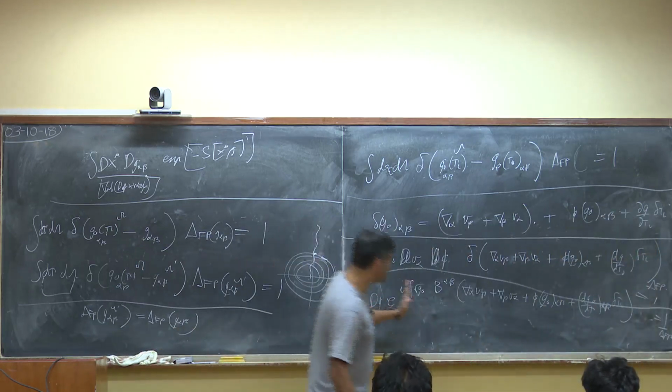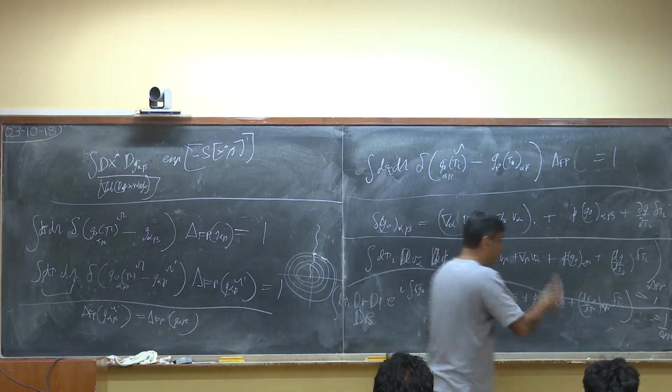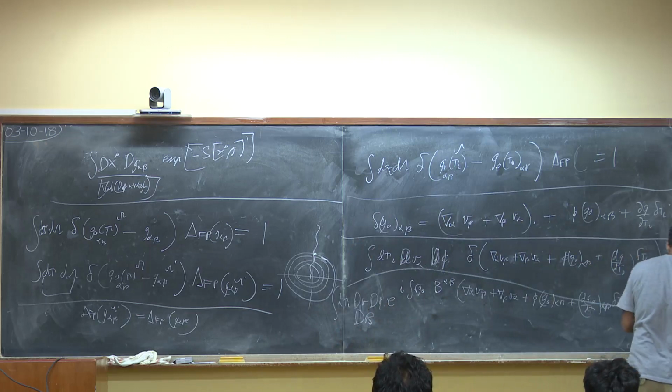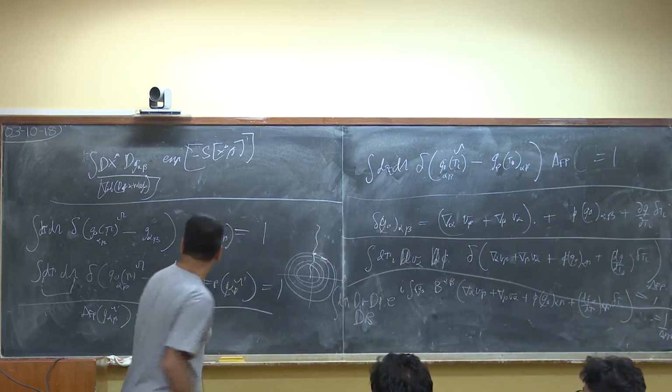Just at this level, before doing that, I'll do a few manipulations. You could have done it after, but it's just easier to think with bosonic variables than fermionic things. When I use it, I'll repeat it.